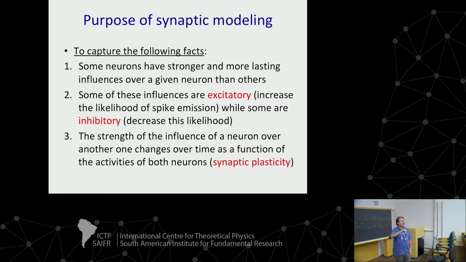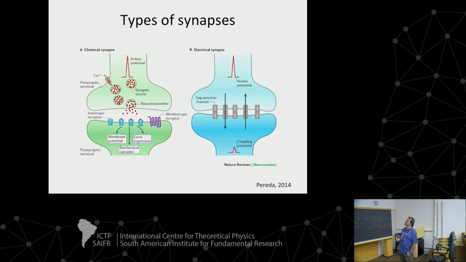So you also want to capture this phenomenon, excitation and inhibition. And the strength of the influence of a neuron over another one changes over time as a function of the activities of both neurons. This is synaptic plasticity, as I mentioned to you yesterday. So you want to capture all these three phenomena when you want to model synapses in a network model.